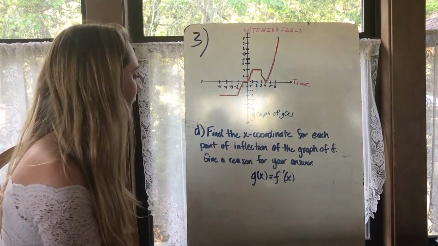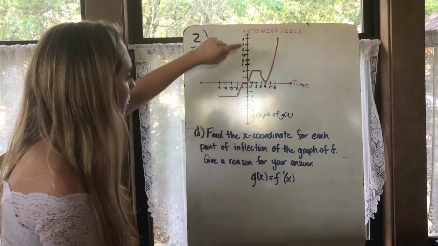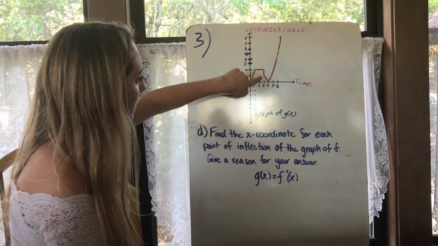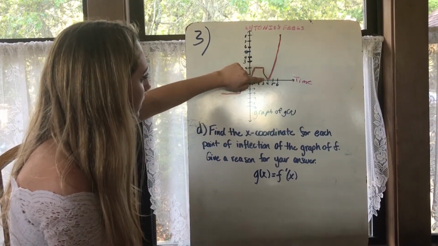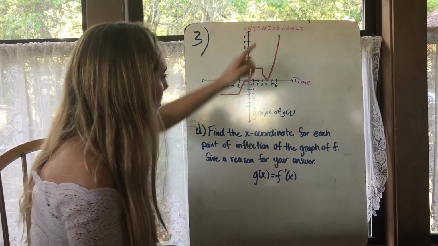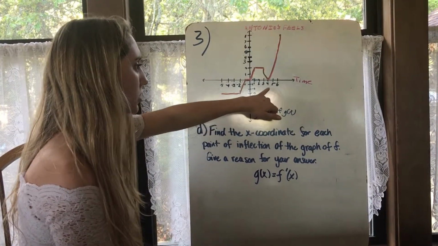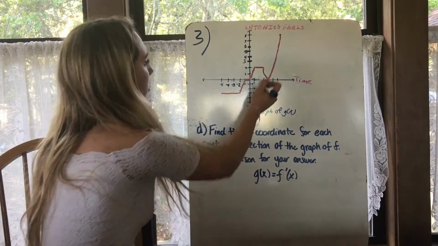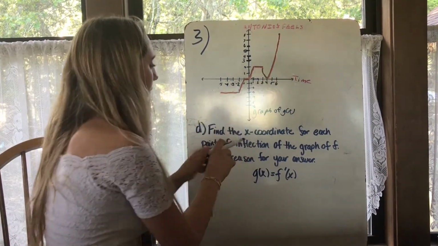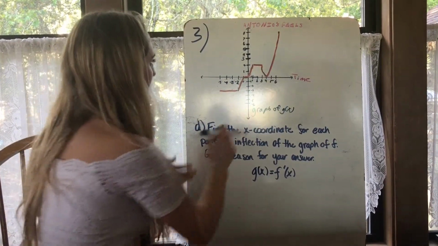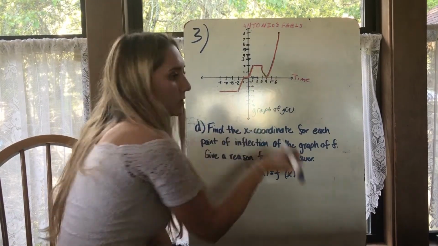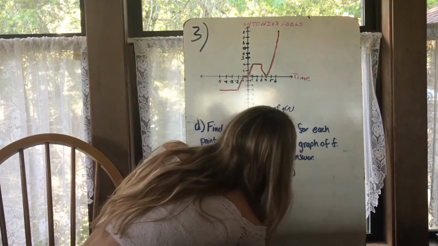After that, we have to find the point of inflection. So as we can see here, in this section, it goes from decreasing to increasing, which signals a change in concavity, from concave down to concave up. So that means that this 4 here must be the point of inflection. So you have x equals 4.